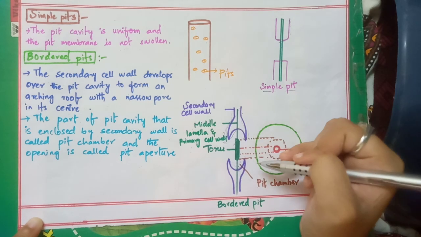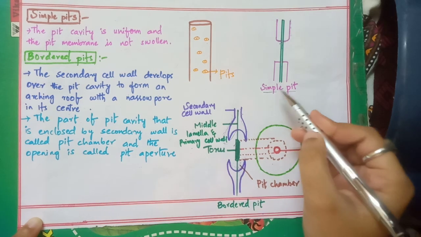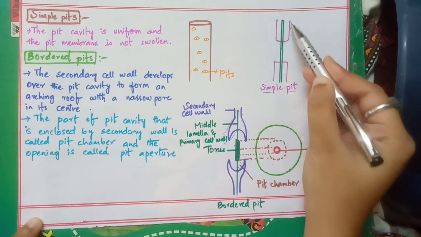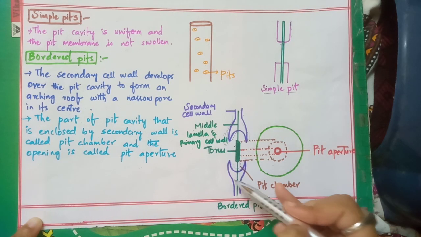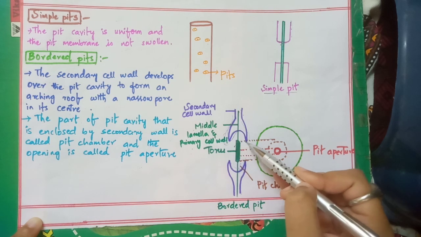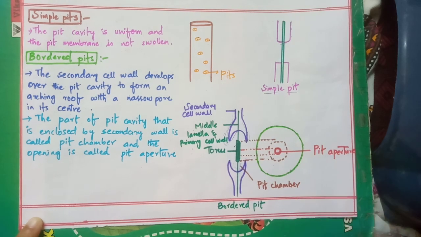So the main difference between the simple pit and bordered pit is that in the simple pit there is a uniform arrangement of the secondary cell wall on the pit membrane, whereas in bordered pits it forms an overarching roof-like structure over the pit membrane. So it is termed as bordered pits. Thank you.